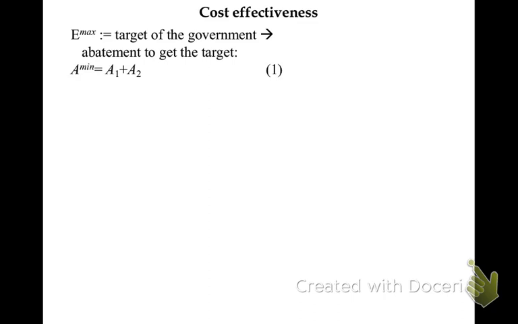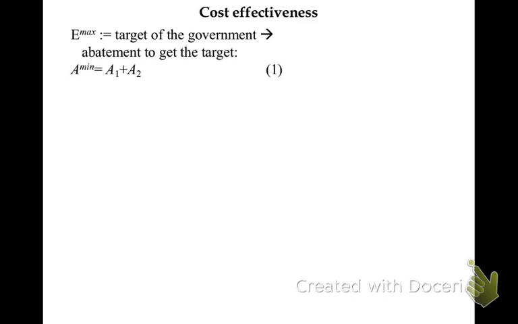And suppose that in order to get this level of emissions, we have to have some abatement level. We have to ask the firms to reduce their emissions. And so we can write that we have a minimum level of abatement, of reduction of emissions.